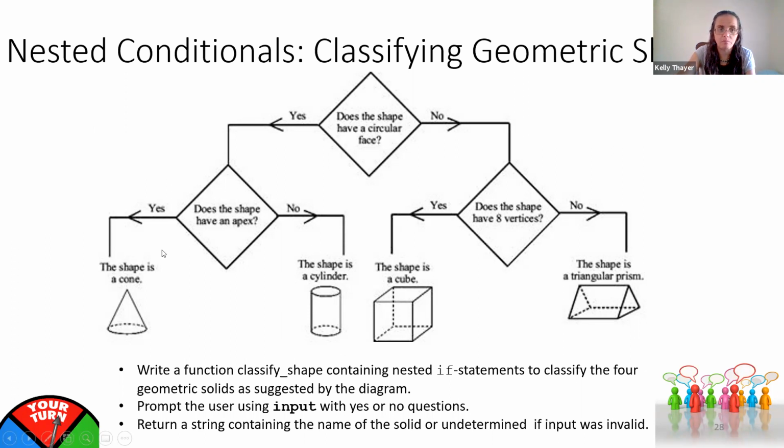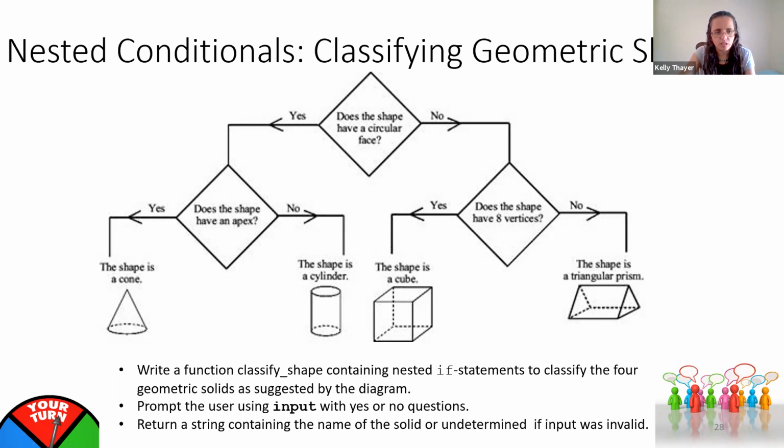Does the shape have an apex? If the answer is yes, we know it's the cone, and if the answer is no, we know it's the cylinder. And similarly, we can follow through this branch of the diagram to discern between the cube and the triangular prism. So this pictorially nicely illustrates how the nested if blocks can work.